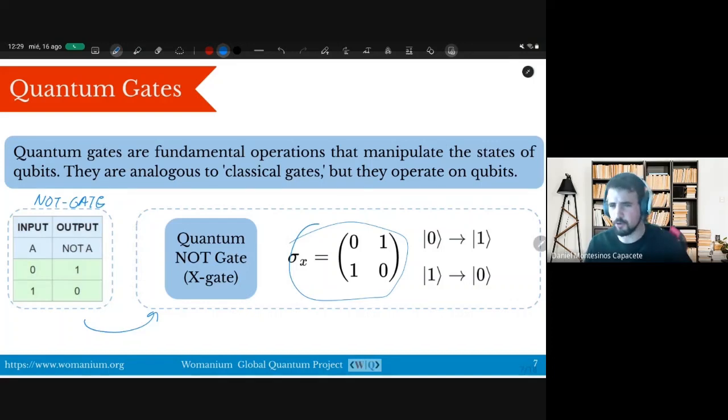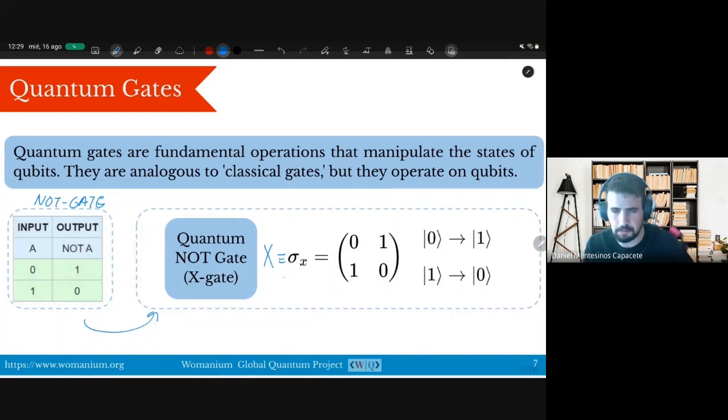In quantum computing, people normally have a lot of names for the same thing, and it's more common to call this operator just X, instead of Pauli X matrix.